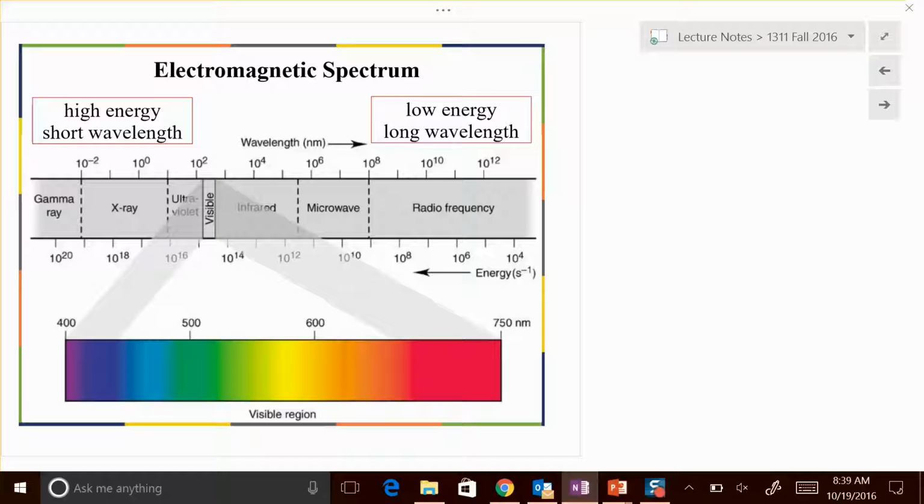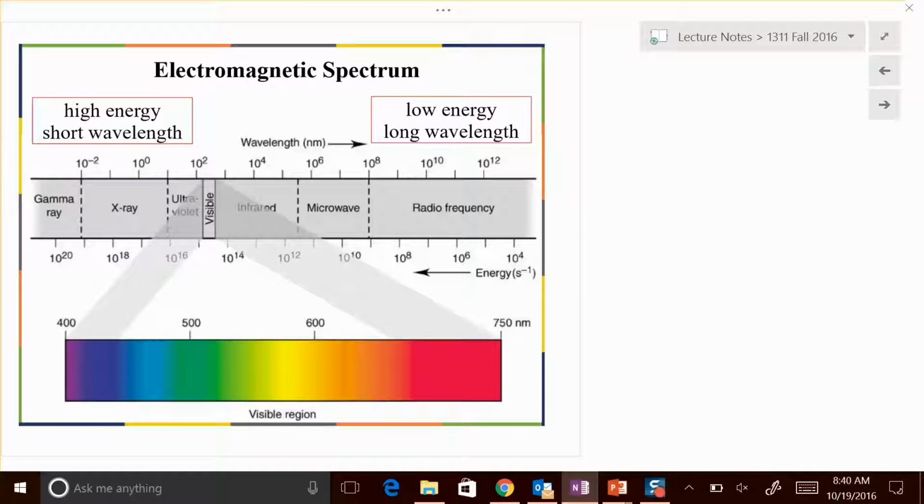What is it? Okay, so this is the electromagnetic spectrum, and as you move across it, you can see that the wavelength is very large over here. This is in units of nanometers, 10 to the 12th nanometers.